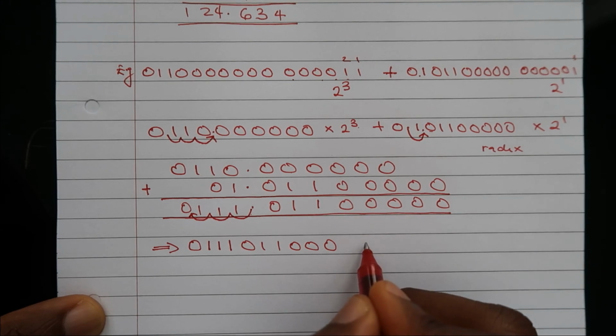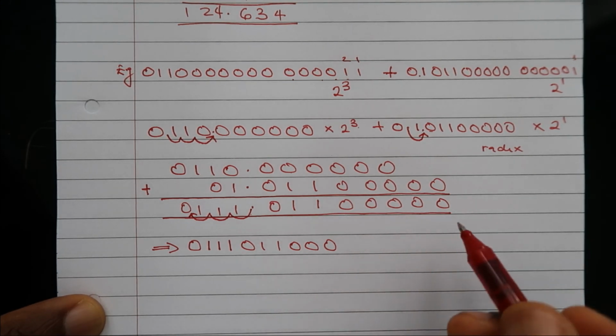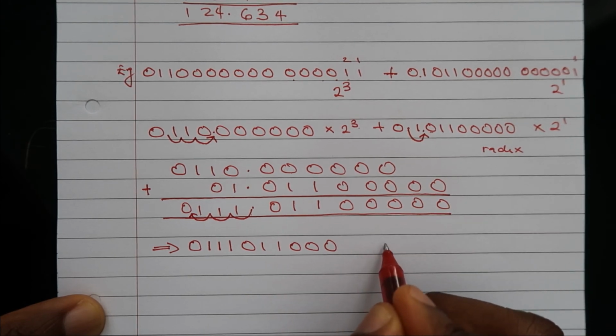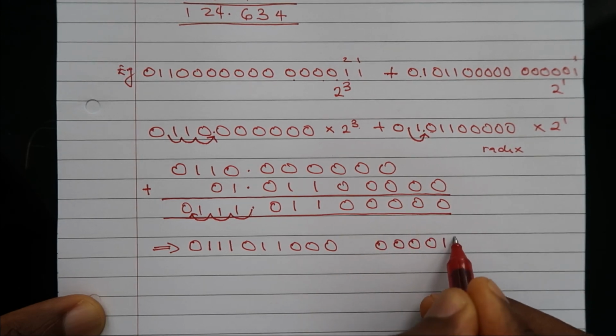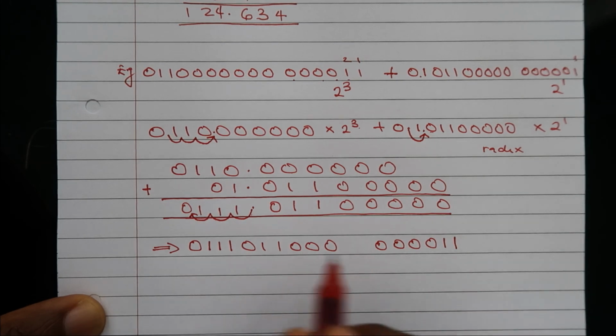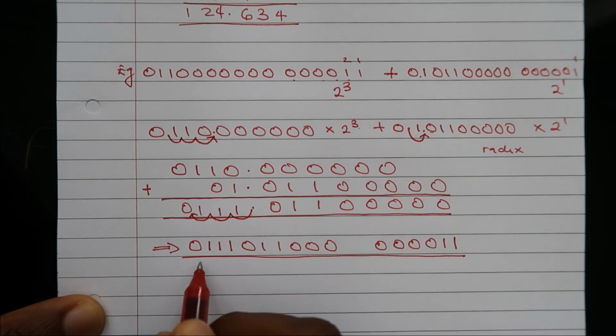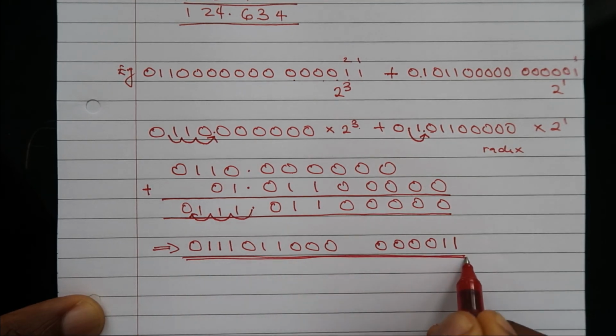Remember, it is now times 2 to the power 3, and 3 as an exponent is 0 0 0 0 1 1. That's the final answer.